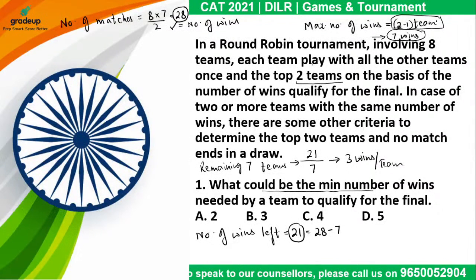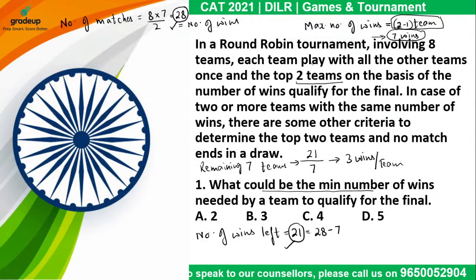In this case it is 1 team, so we maximize its wins, which is 7. Subtract 7 from the total to get the remaining wins. Now divide these wins equally, because if I divide 21 equally, then each one will get the minimum value. If you divide unequally, one team will get less than 3 and others will get more than 3. The team with more than 3 will qualify.